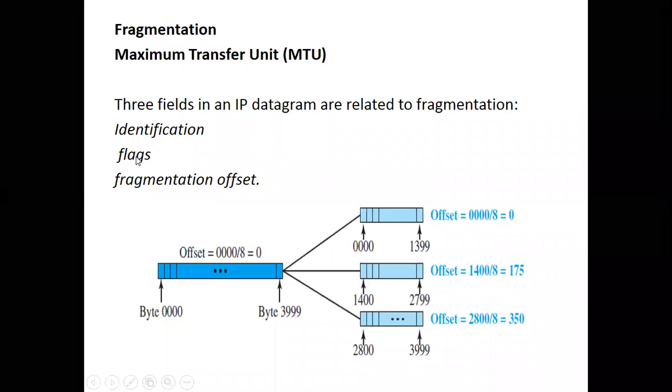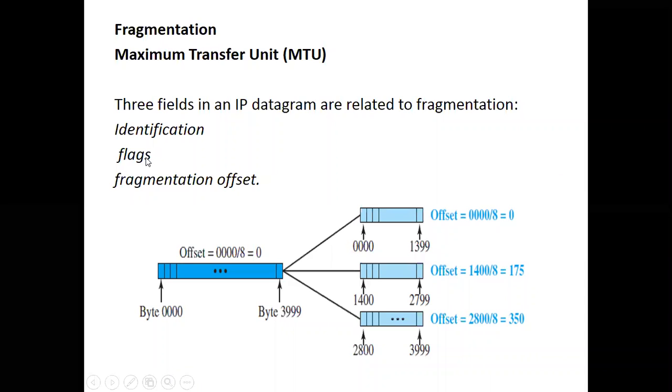Flag. Obviously, just now we saw that if you have a first fragment, second fragment, third fragment, the D and M flags are important. This will tell you whether the datagram has more fragments after it or not.